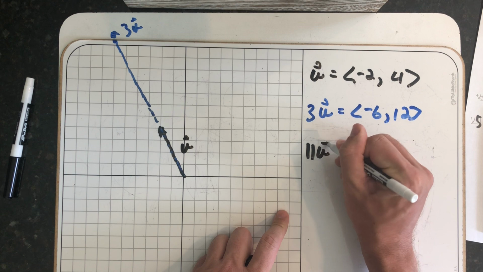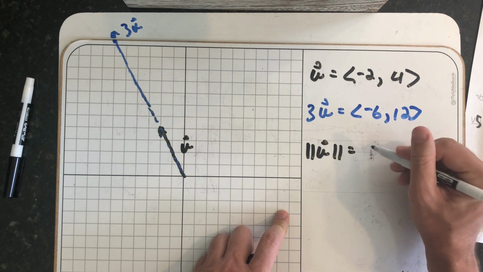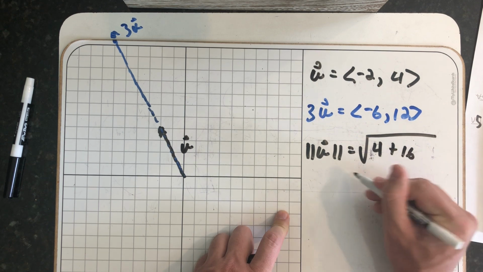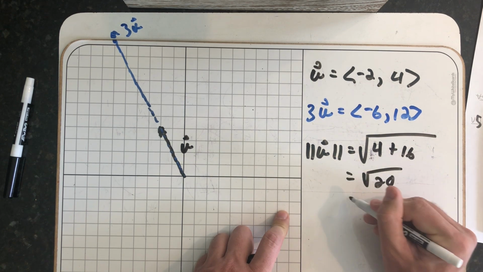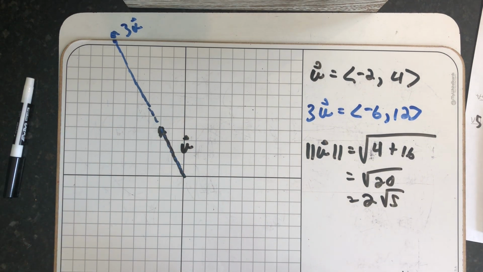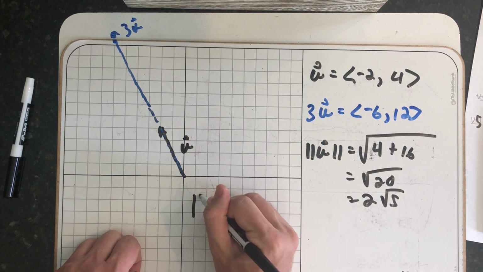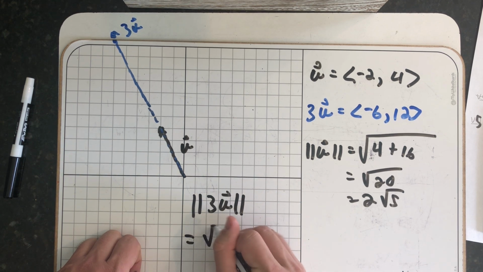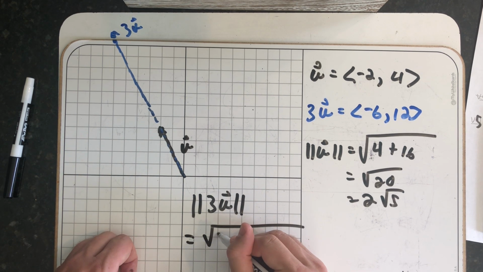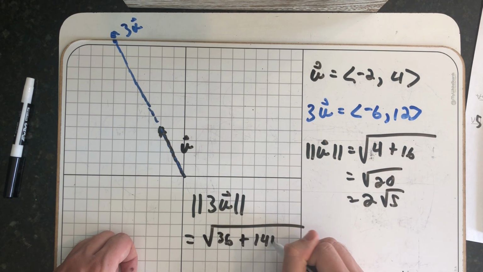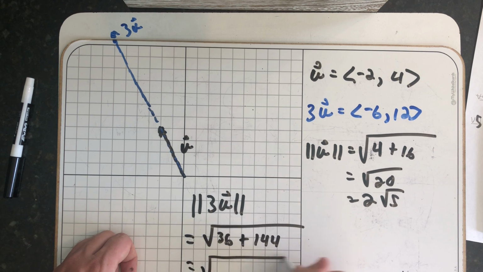If I find the magnitude of u, I would get 4 plus 16, the square root of 20, which is 2 times the square root of 5, and we should always reduce under a radical. And so now if I wanted to find the magnitude of 3 times u, I would get 36 plus 144, which is equal to the square root of 180.